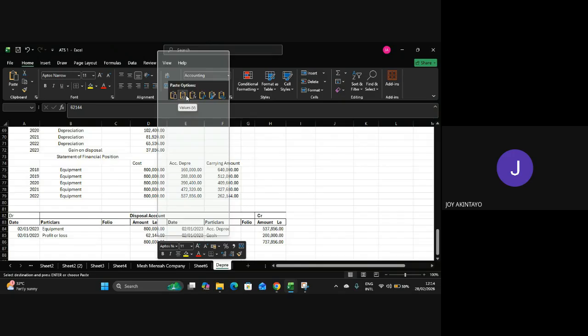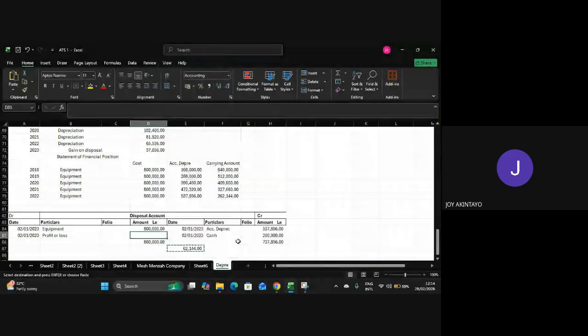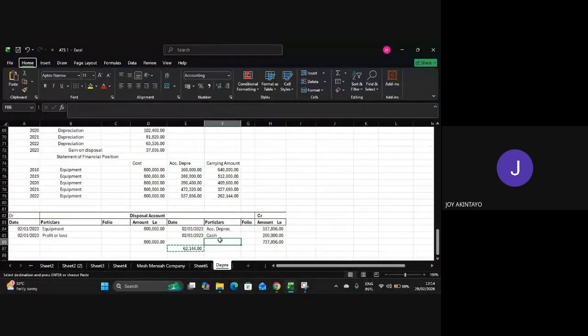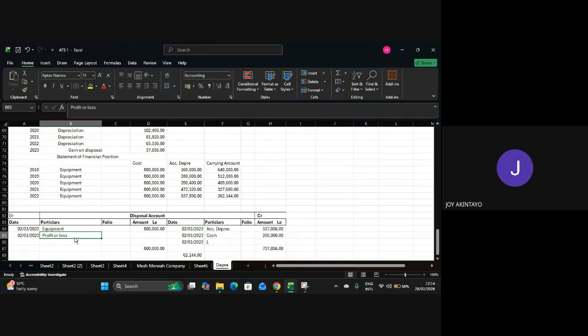So it won't be here. Same date, this will now be loss. Profit or loss, 62,144.